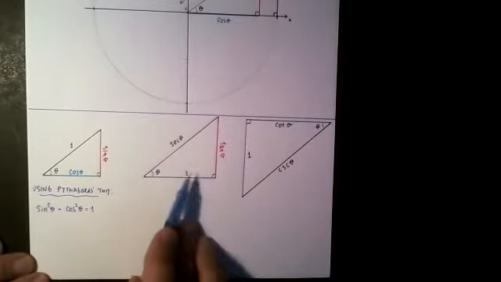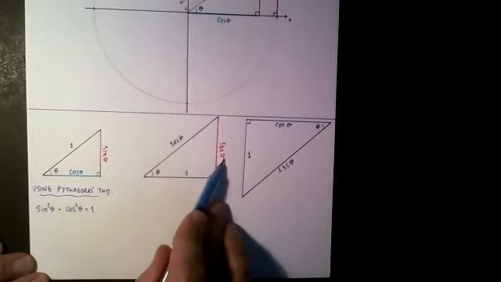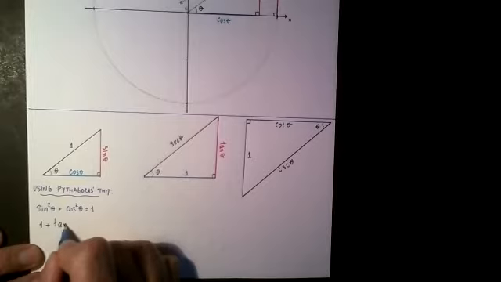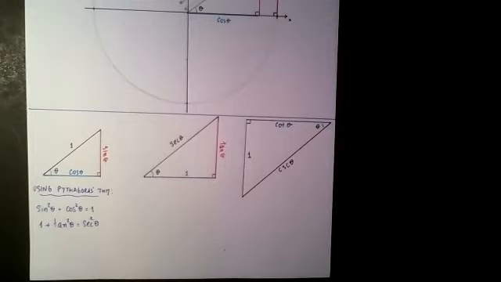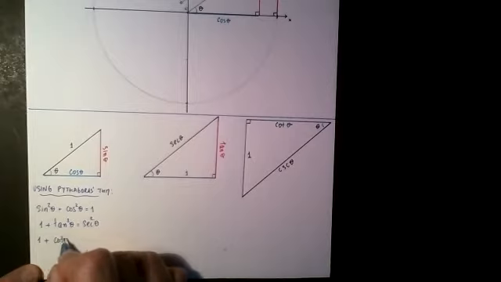Let's do the same thing for this triangle. So 1 squared plus tangent squared equals secant squared. So 1 plus tangent squared theta is equal to secant squared theta. And the last one is this one here. So 1 plus cotangent squared theta equals cosecant squared theta.